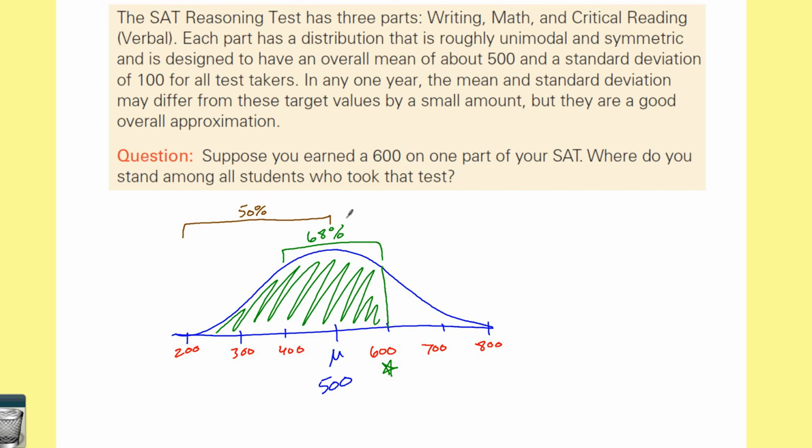And this part is cutting that 68% in half, so that's 34. So 50% and that 34% get me 84%. So I would be told I'm in the 84th percentile. That means I did better than 84% of the other participants. That's what that means.